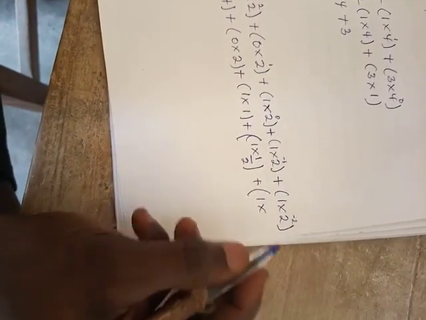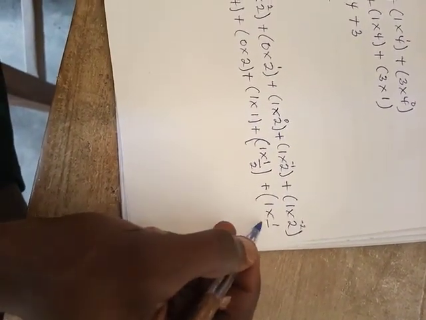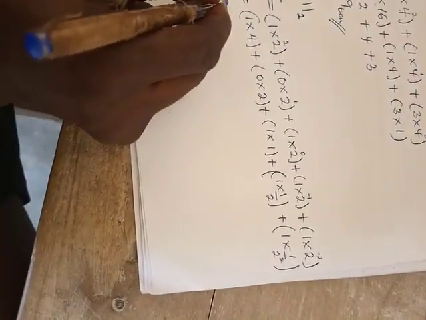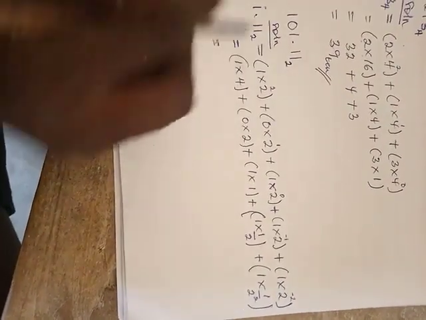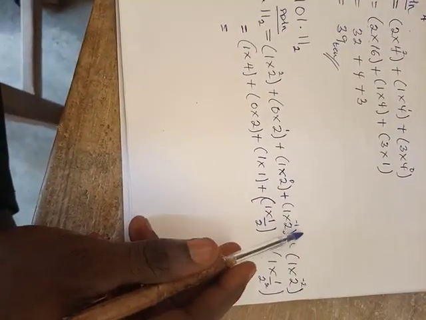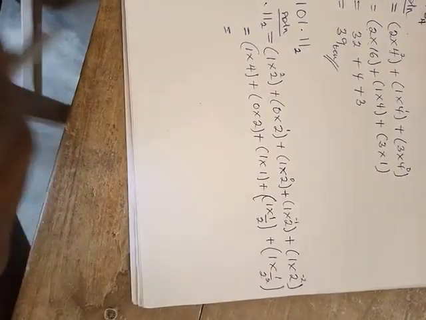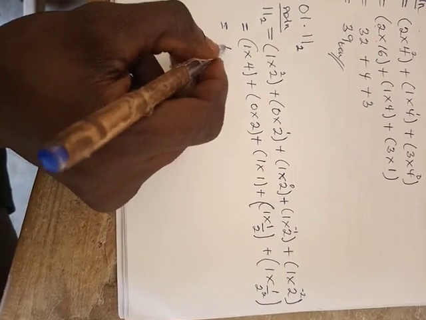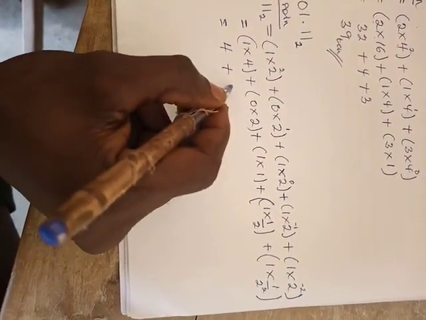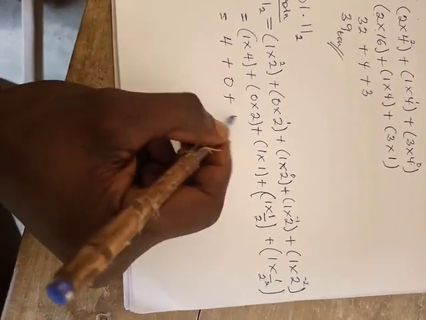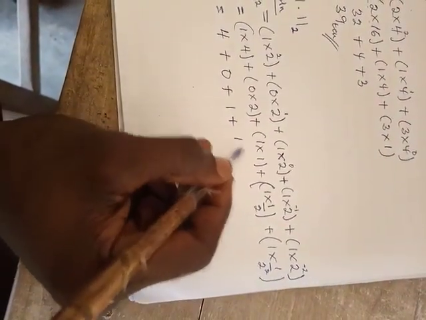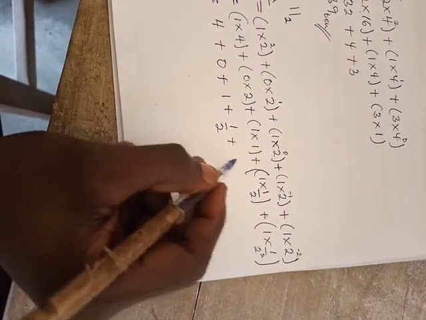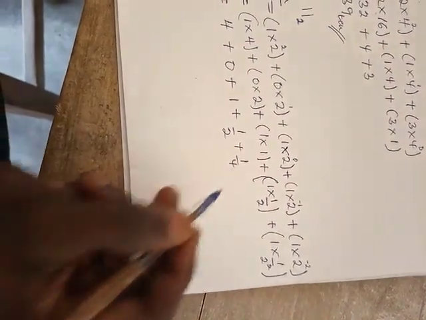And 2 raised to the power -2 is the same as 1 over 2 squared. I will clarify this: a number raised to any negative power. So let's move on. 1 times 4 is 4. 0 times 2 is 0. 1 times 1 is 1. And we have 1 times 1 over 2 is 1 over 2. 1 times 1 over 2 squared is 1 over 4.